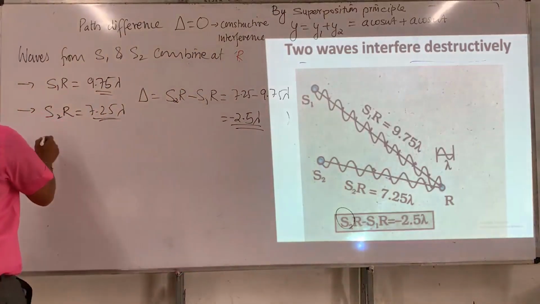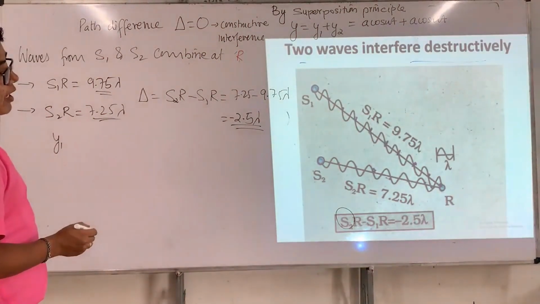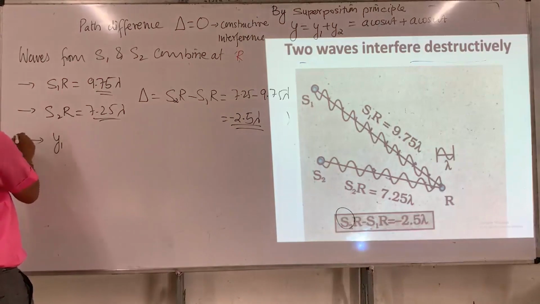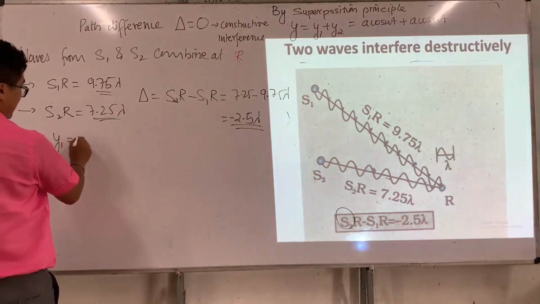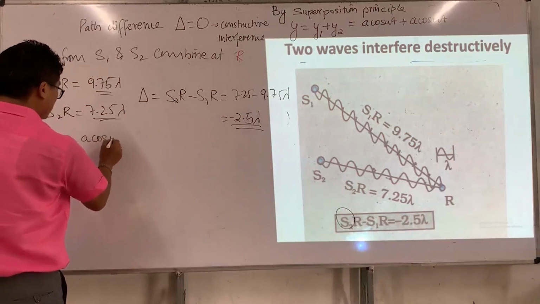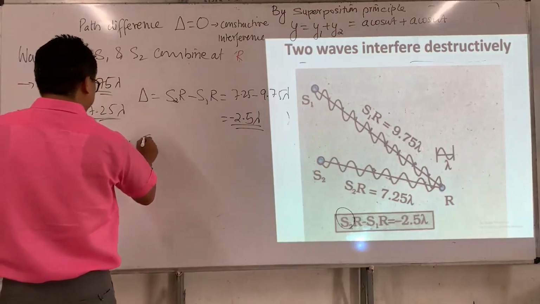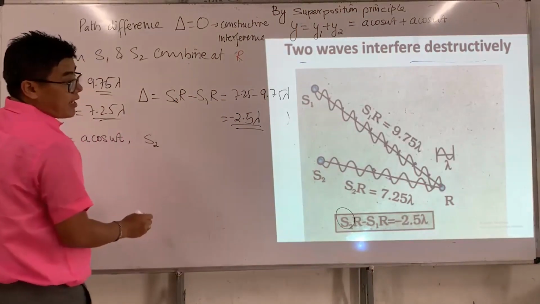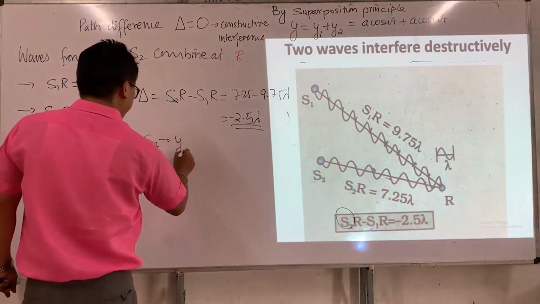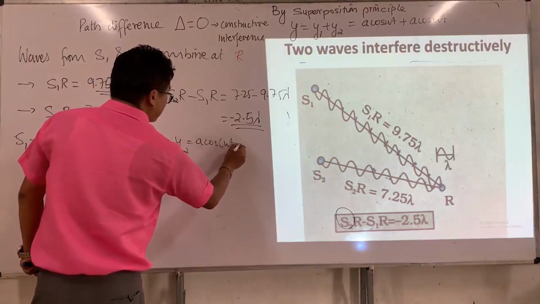Now what is the displacement? The displacement at point R due to S1 is going to be A cos omega t. And the displacement at point R due to S2 is going to be A cos omega t plus the phase.